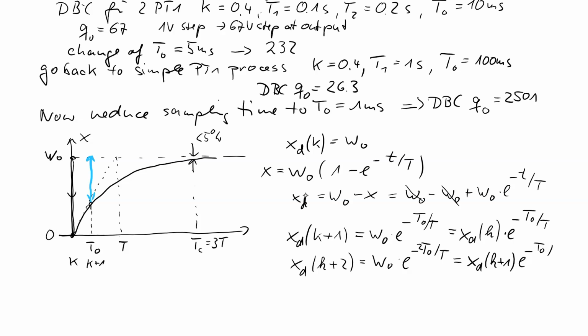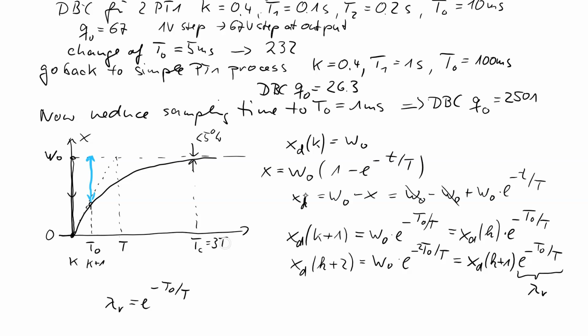And you see, really, this factor is my used lambda. The reduction factor from step to step is e to the power of minus sampling time divided by T, and with our desired settling time of 5%, this Tc is 3T.